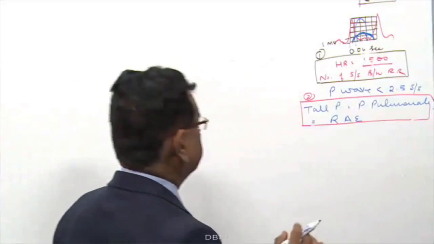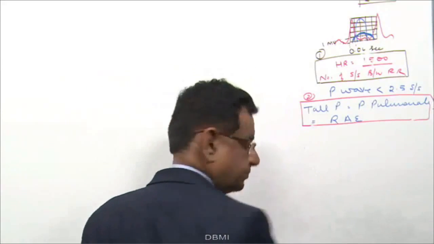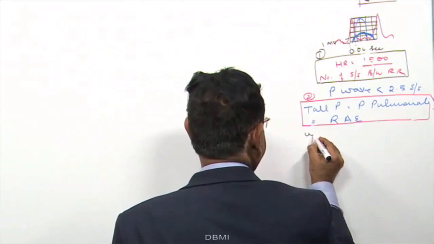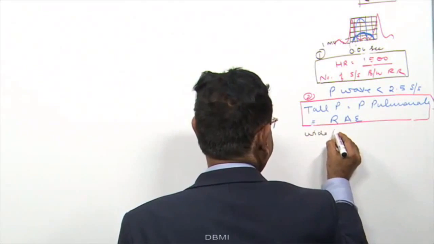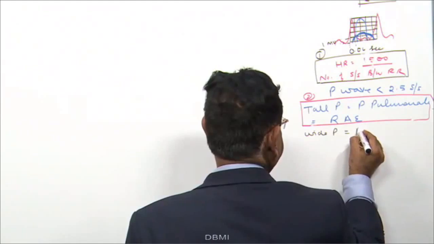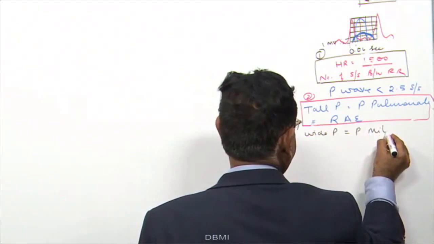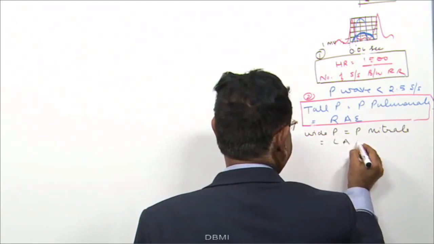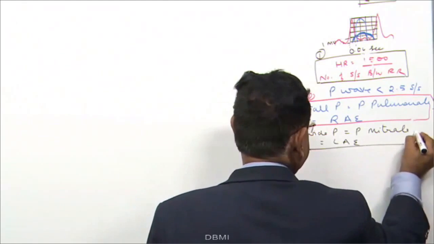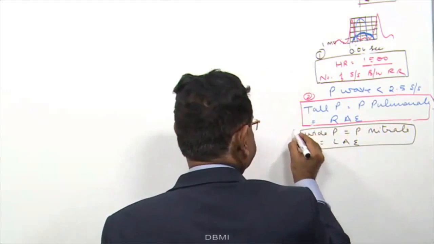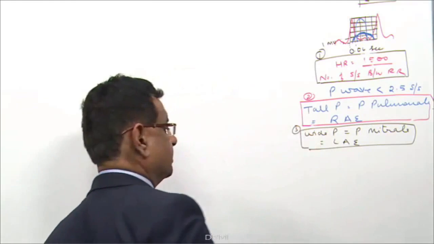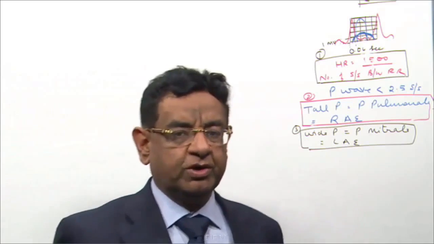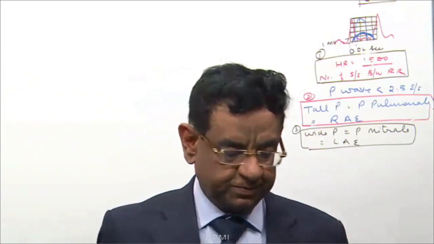So wide P wave is equal to P mitrale, equal to left atrial enlargement. Left atrial enlargement. This is box number 3. So we got 2 questions on P wave also.